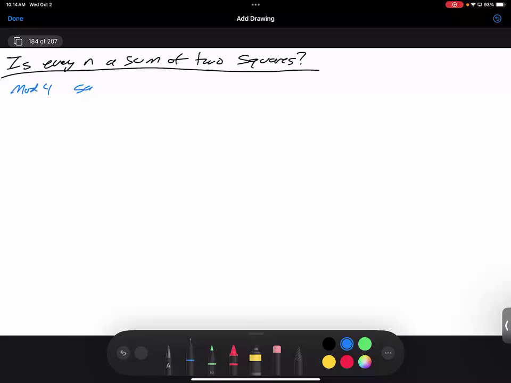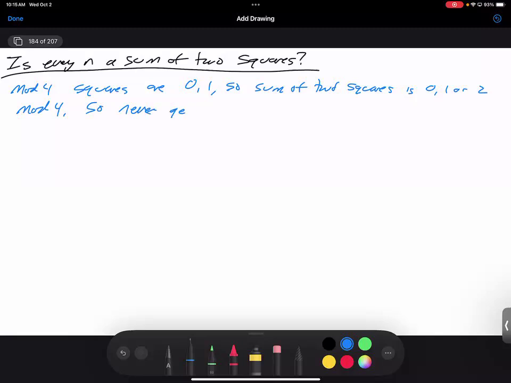Mod 4, squares are 0, 1 squared is 1, 2 squared is 0, 3 squared is 1. So a sum of 2 squares is 0, 1, or 2 mod 4. So we never get 3 mod 4. So this is a really simple proof that every number can't be written as the sum of 2 squares. We can't ever get a number that's 3 mod 4.